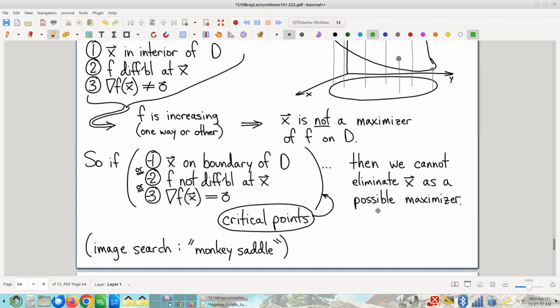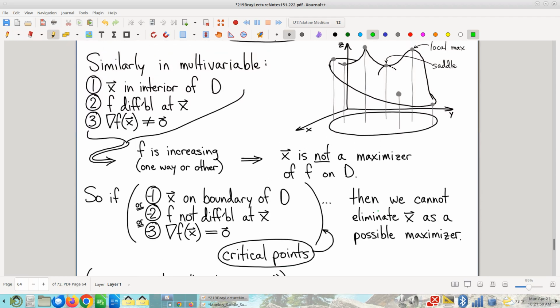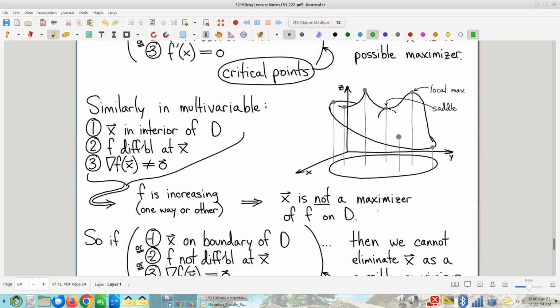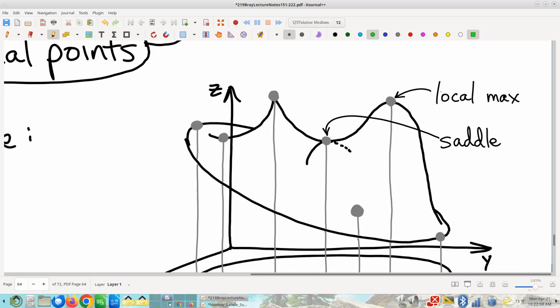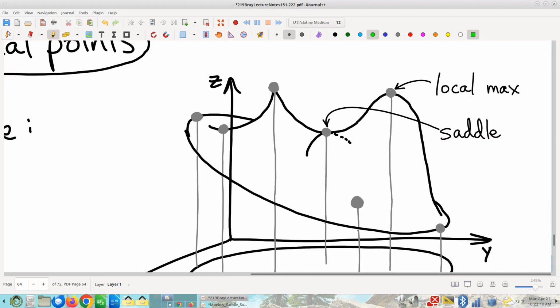Before we go on to an actual algebraic example, let's talk about what these critical points might look like. And looking at this picture I have drawn here, what you're kind of expecting is the local max, the little mountaintop, little hilltop, whatever. But there are other possibilities, and when you have two independent variables, there's a little bit more room to move around and for different weird things to happen.